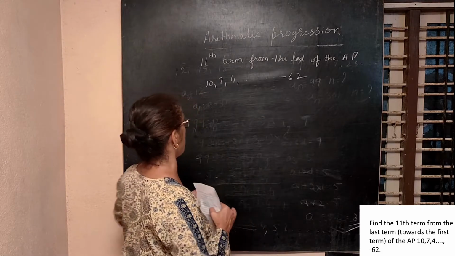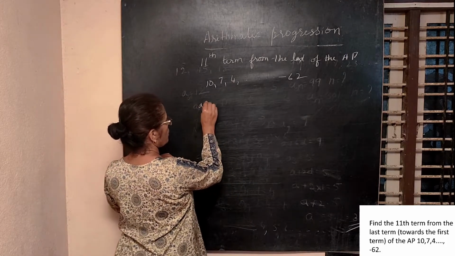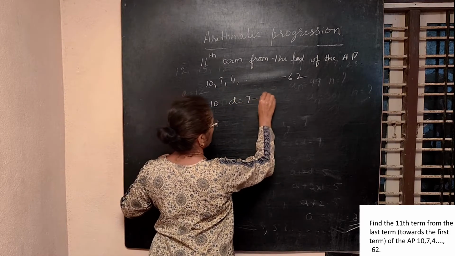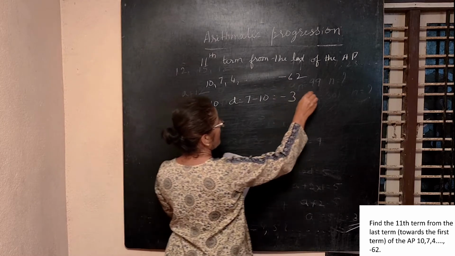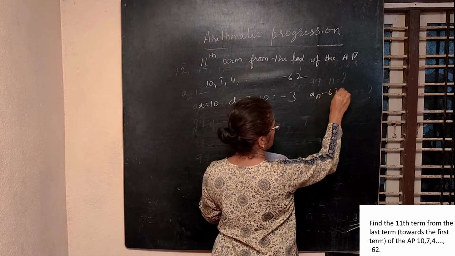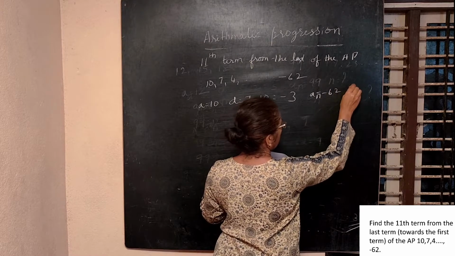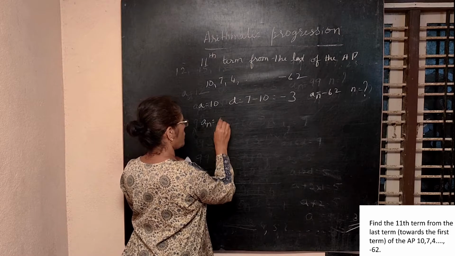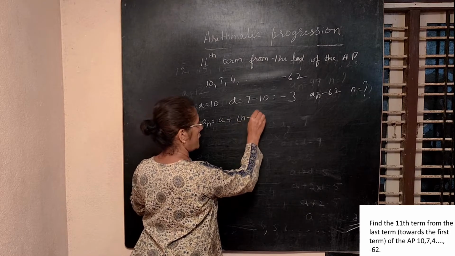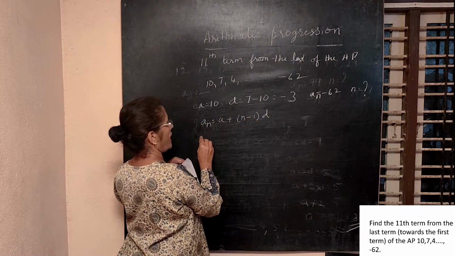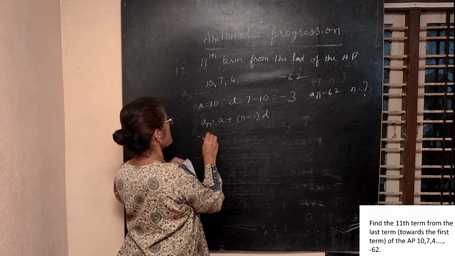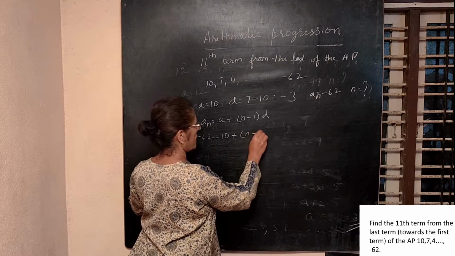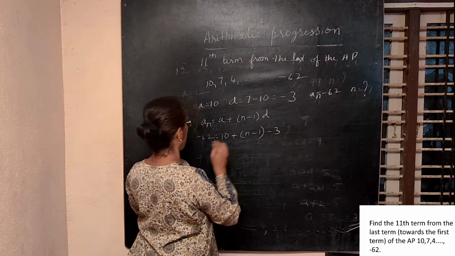So, now let me see. A is equal to 10, D is equal to 7 minus 10, which is minus 3. AN is equal to minus 62. So, let me find out how many n. AN is equal to A plus n minus 1 into D. So, minus 62 is equal to 10 plus n minus 1 into minus 3.